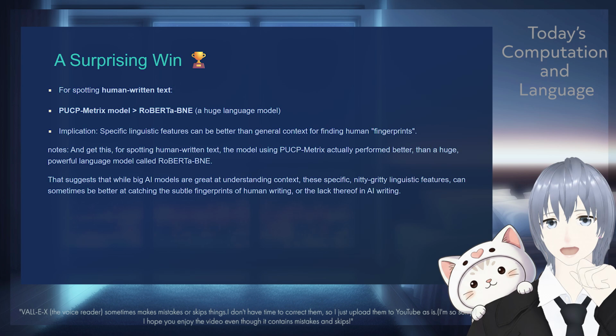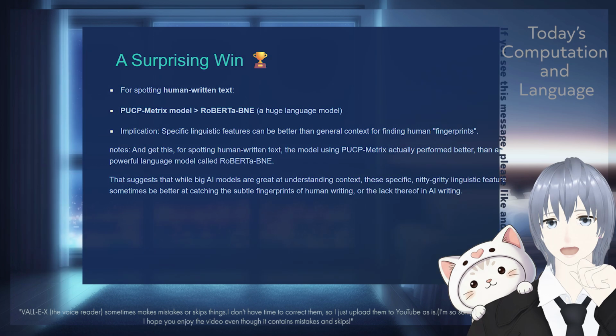And get this, for spotting human-written text, the model using PUCP-Metrix actually performed better than a huge, powerful language model called Longformer. That suggests that while big AI models are great at understanding context, these specific, nitty-gritty linguistic features can sometimes be better at catching the subtle fingerprints of human writing, or the lack thereof in AI writing.